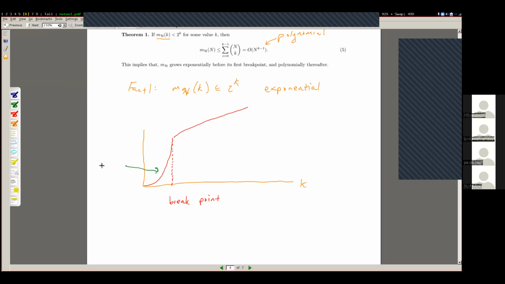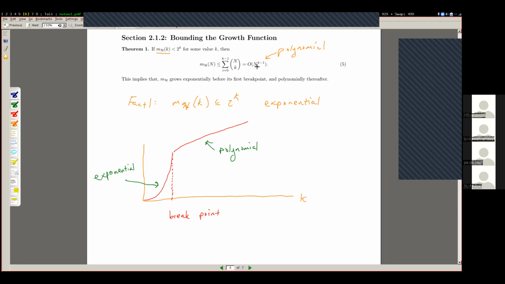So this part of the curve is exponential, and this part up here is polynomial, potentially with a really high exponent. It's n to the k minus 1, where k is our breakpoint. We'll see later that these k values can be in the thousands or millions, so it's a huge polynomial, but the key thing is that it's not exponential.